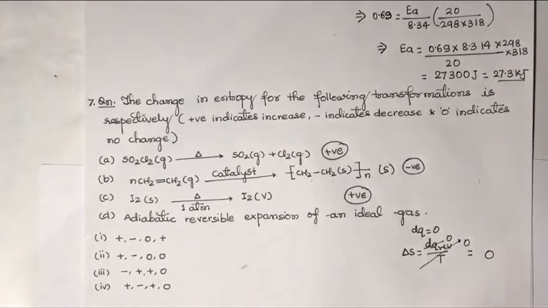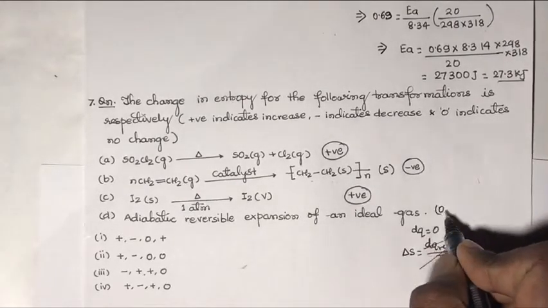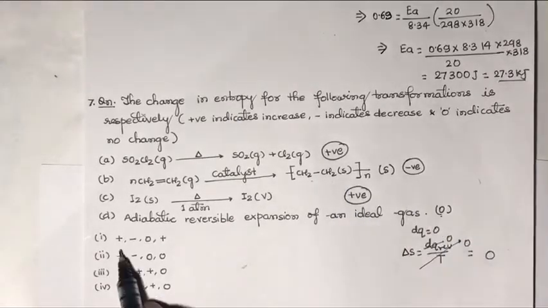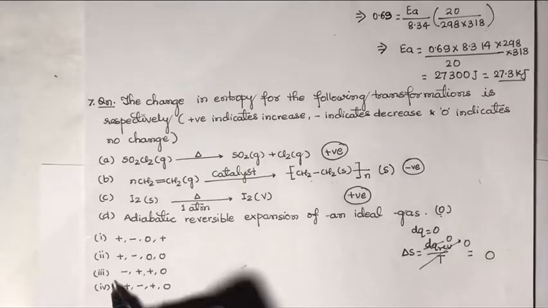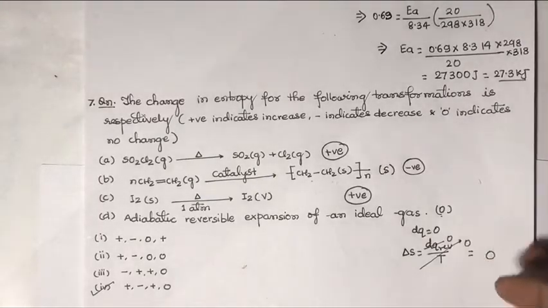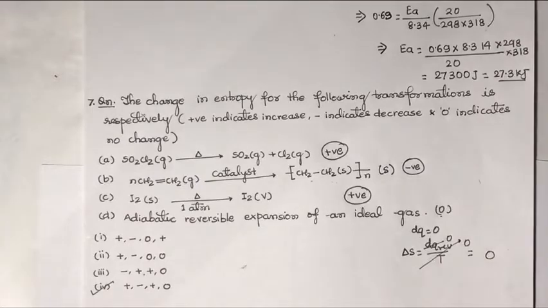So in this case there is no change in entropy, so this will be 0. So this will be positive, negative, positive, 0. So the correct option is D in this case, that is the fourth one, that is positive, negative, positive and 0. Now coming to the next problem.